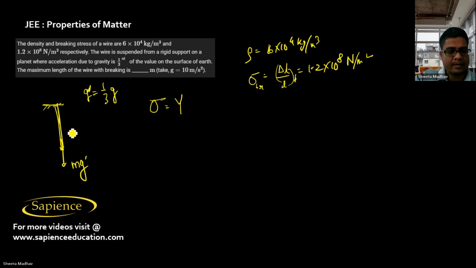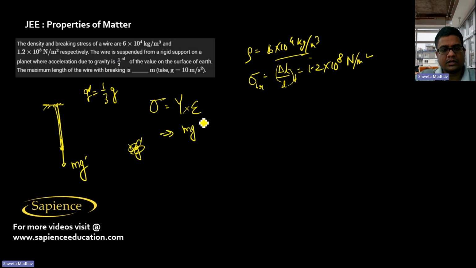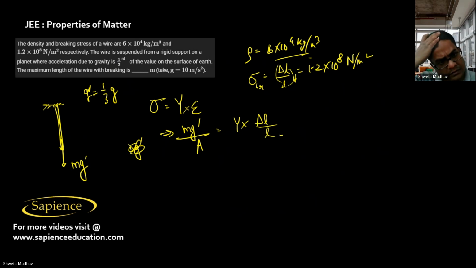Then density is this, breaking stress is this, sigma, that is Y into epsilon, where epsilon is the strain, force mg dash stress, that will be force dash by area of cross section, that is into delta L by L. The maximum length of the wire that we have found.